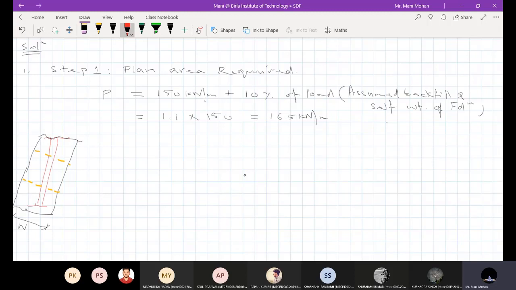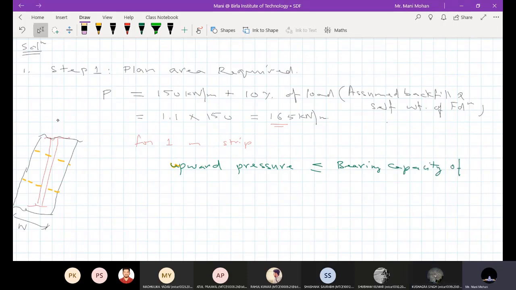So the upward pressure should be less than or equal to the bearing capacity of the soil. I need to make sure that my upward pressure is less than the bearing capacity.